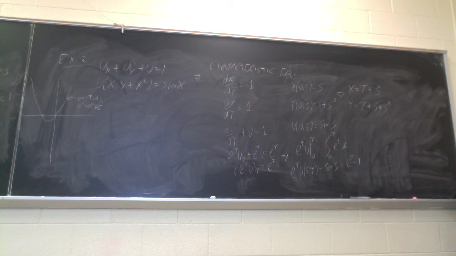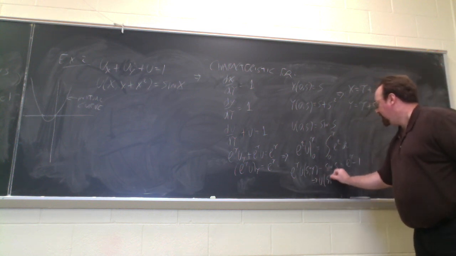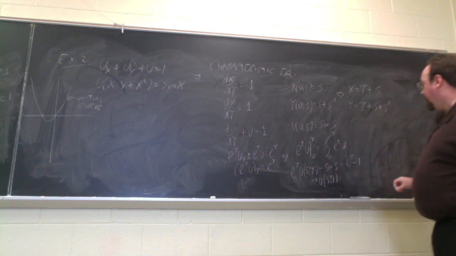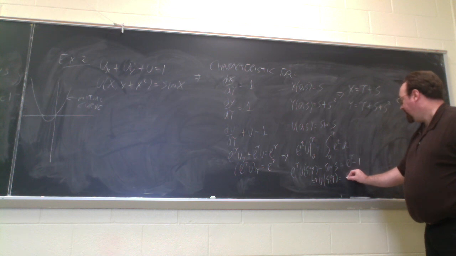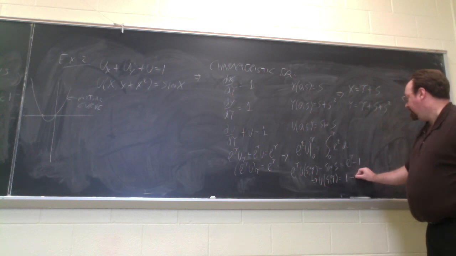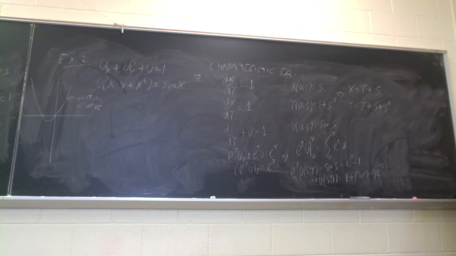So now I can rearrange this to solve for u. That's going to be 1 plus sine s minus 1 times e to the minus tau.